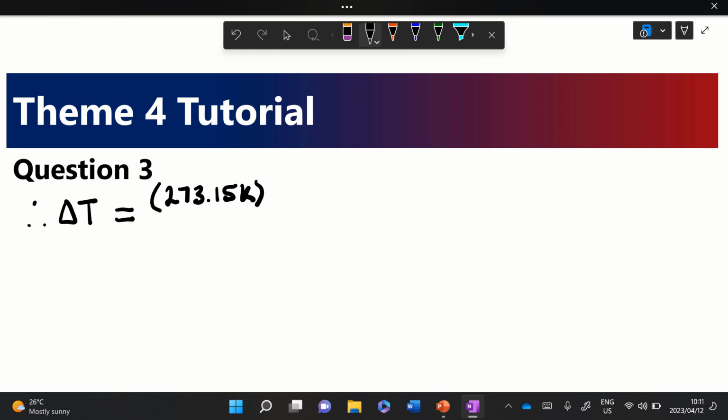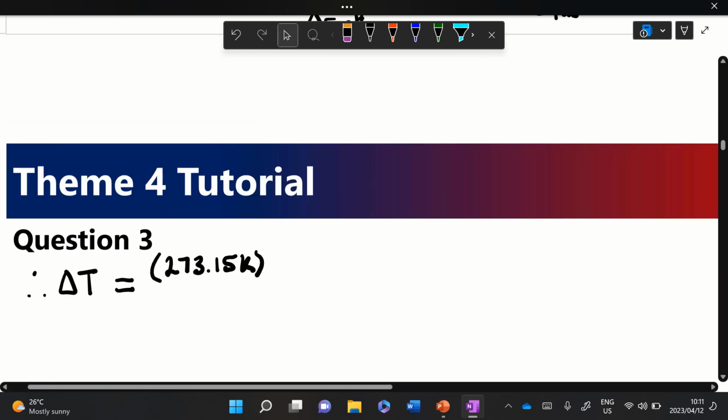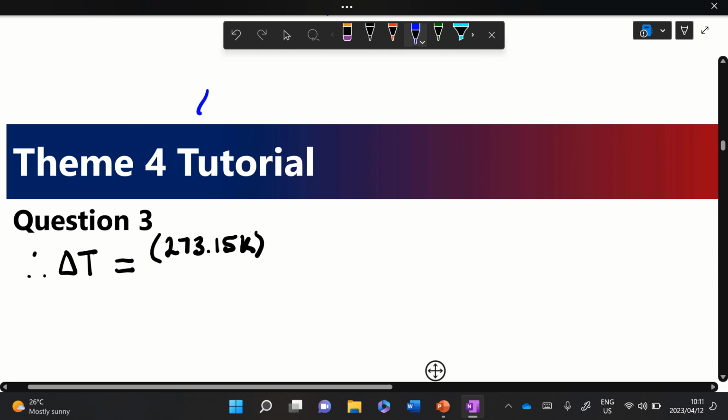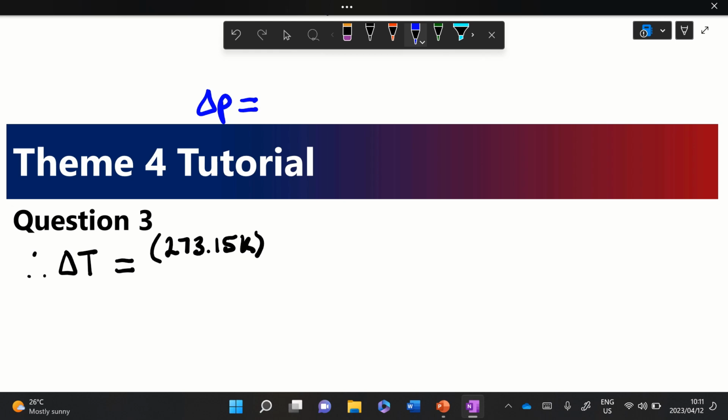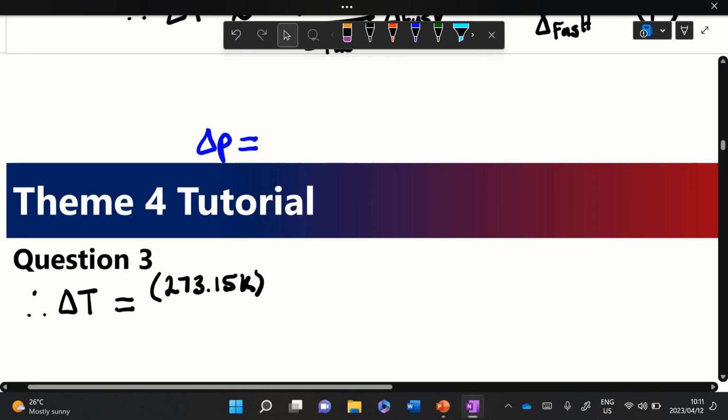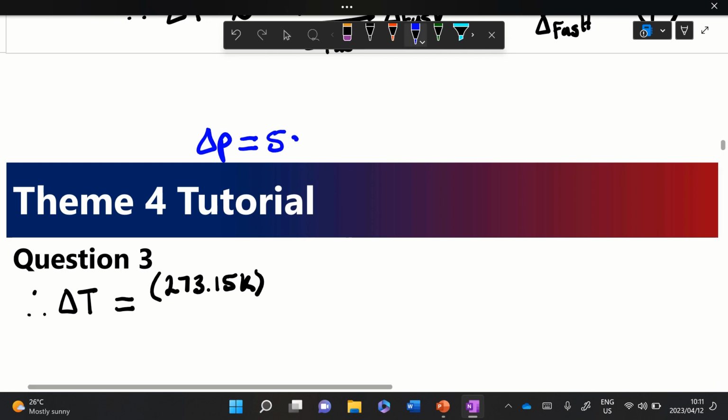Then the delta P, so let's quickly have a note here on delta P. Delta P is equal to... we define it now such that we have the higher pressure, so we make it 50 bar minus 1 bar, right?